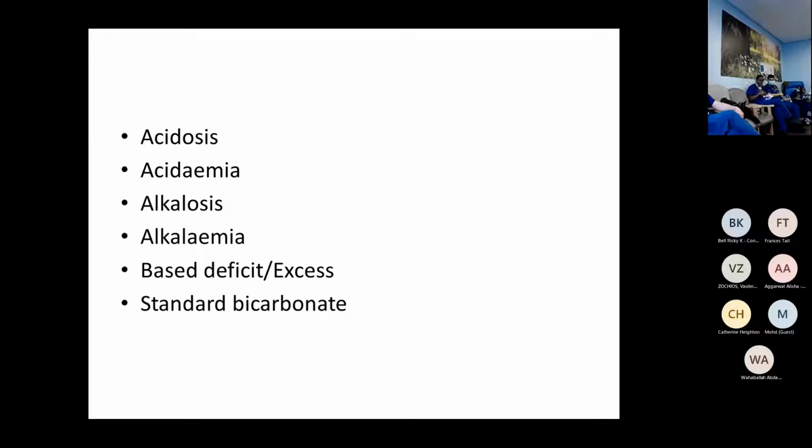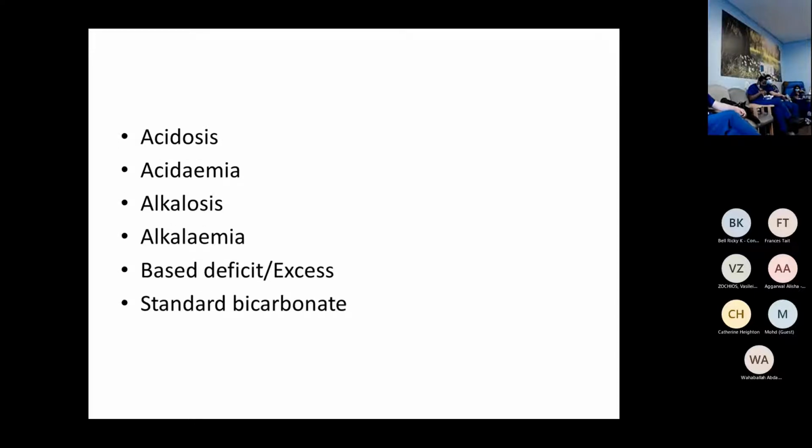The real peccadillo is hypoxia and hypoxemia. Hypoxemia is a reduced PO2. Hypoxia is a process that can be caused by many things. So when you look at the blood gas, if the pH is below 7.36, you'd say there's an acidemia. If it's above 7.44, you'd say there's an alkalosis.